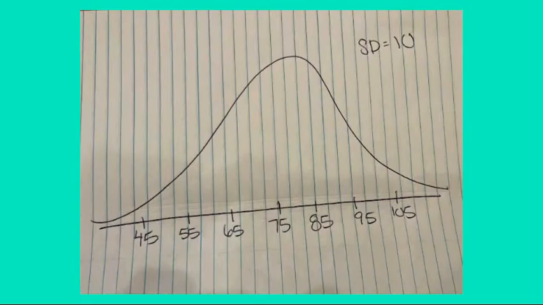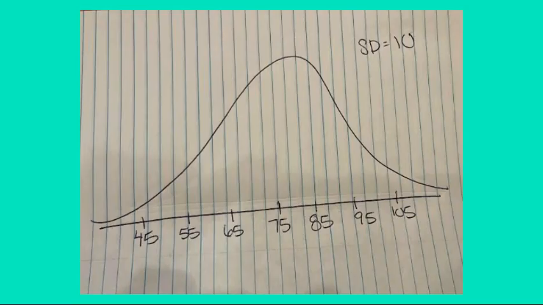So standard deviation tells us how close or far spread our data is, i.e., how consistent our data is. Once again, standard deviation tells us how close or far spread our data is, or how consistent it is.